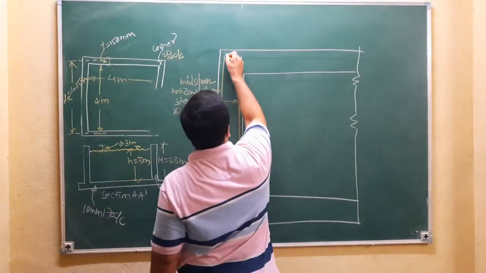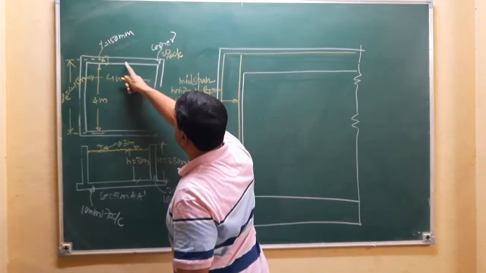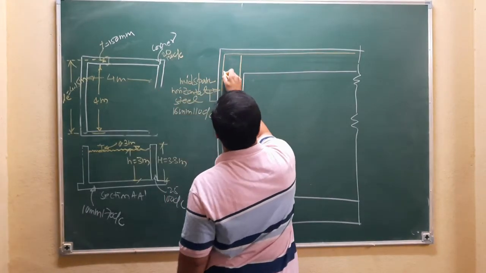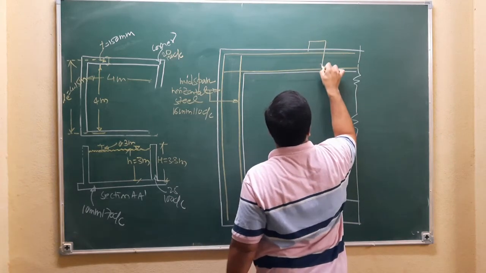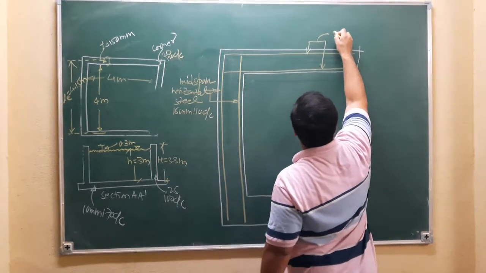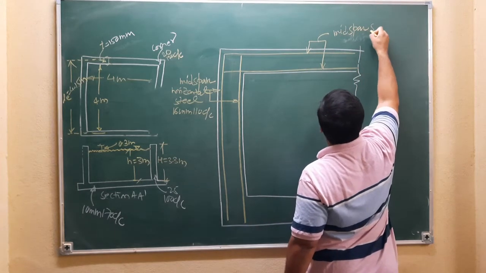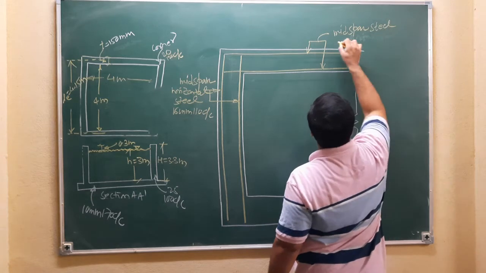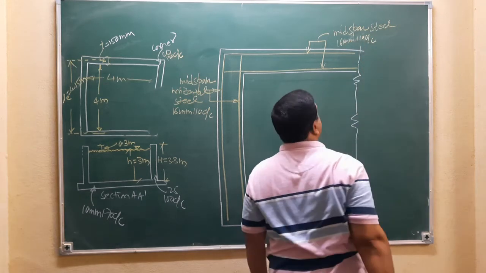Okay. The same steel you have to run for this wall also, same steel. Mid span steel, same. This is mid span steel. It is 16 mm diameter, 110 mm center to center.